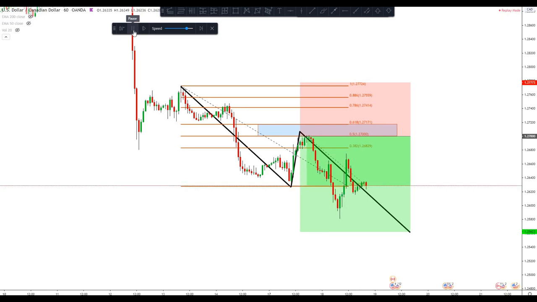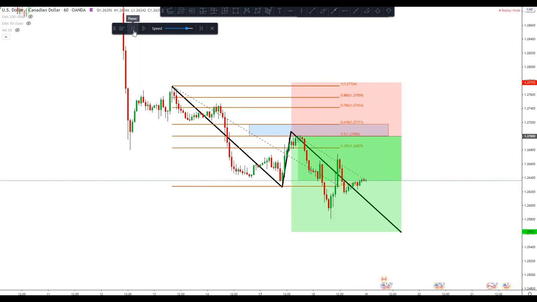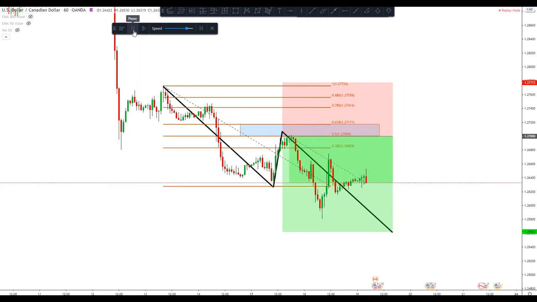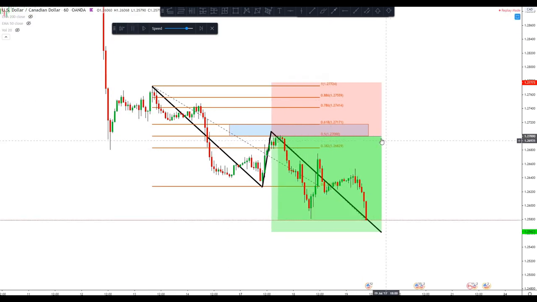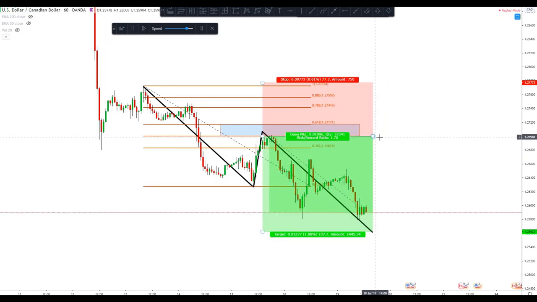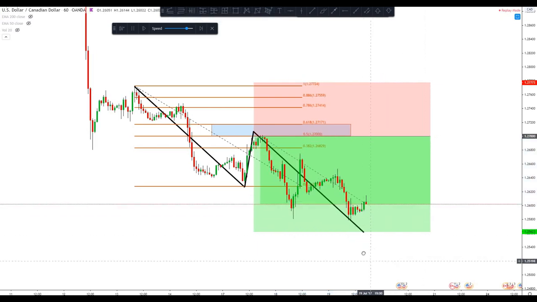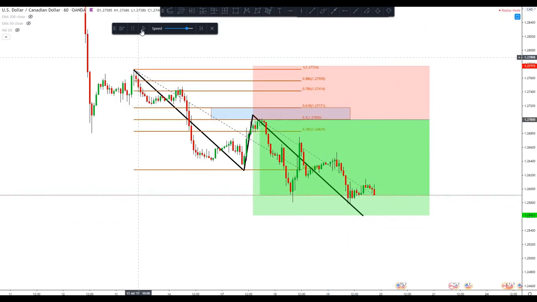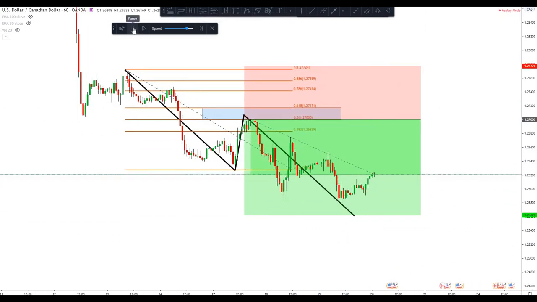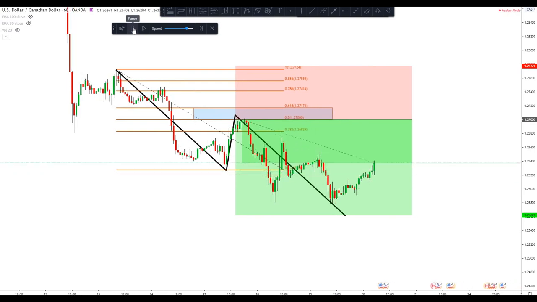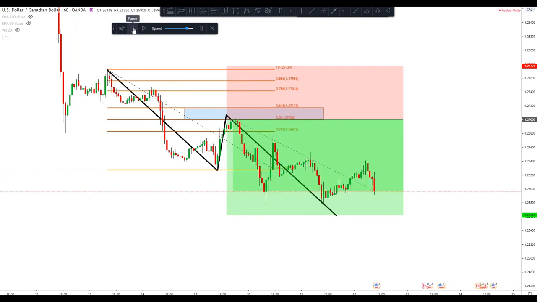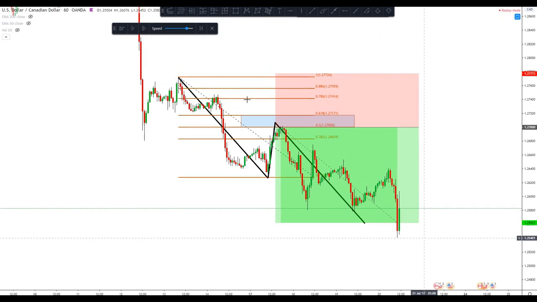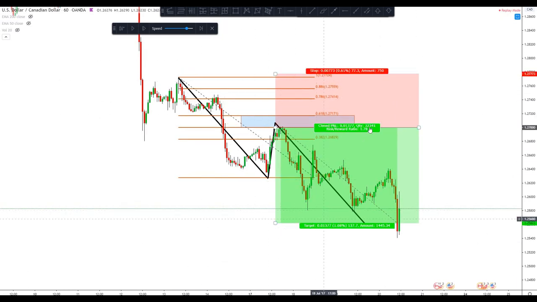Pulled back a little bit here, but we still made a new low, so we expect a lower low now. Still pulling back. And there you have it. We have our target hit.